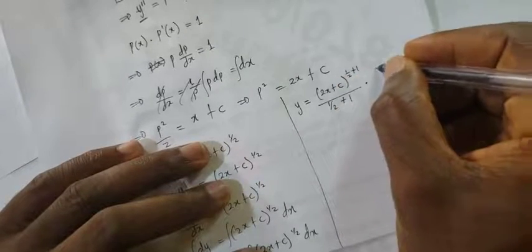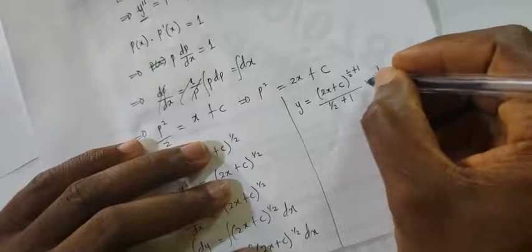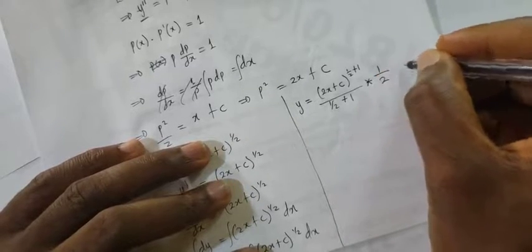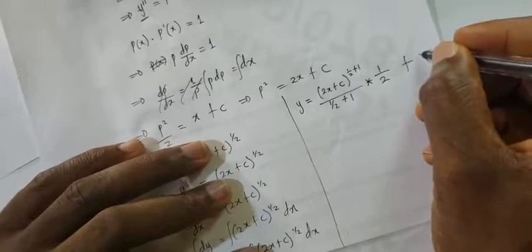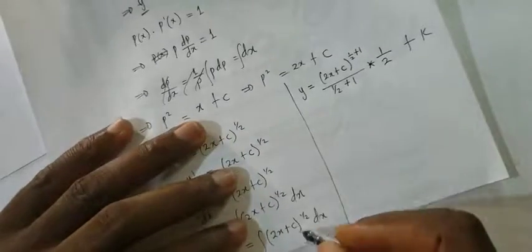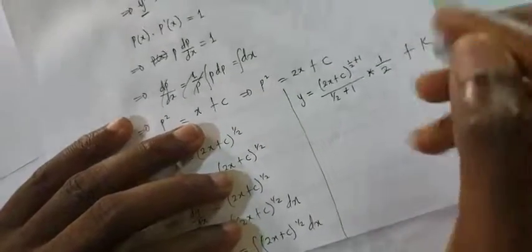Derivative of this is 2, so we'll multiply by 1 over 2. So that will be our answer, plus another constant. We can call this constant k, or you could have called this one c1 and then this one c2, so it doesn't make any difference.